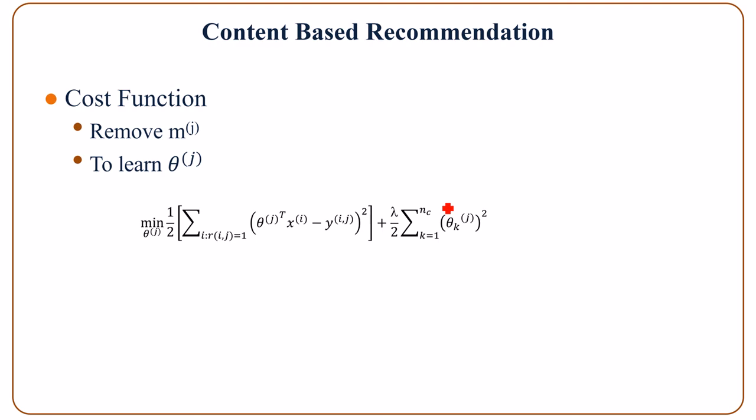Now to learn a parameter vector theta j for user j, we need to minimize this cost function. So we do this by updating theta j for user j iteratively. However, we would need to do the same for all the users to learn a parameter vector for each user.